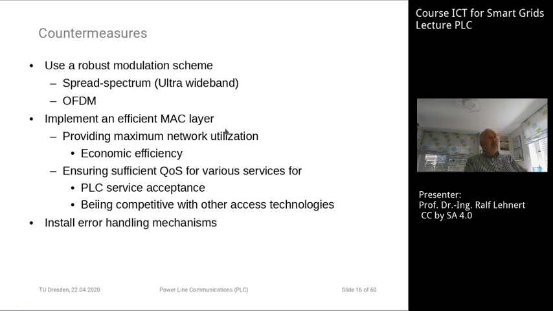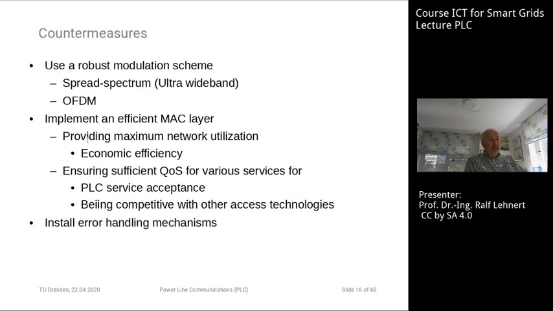But what is important, as I showed you, the PLC network is a bus network. That means we have to organize the medium access. The so-called medium access control layer has to be designed carefully.